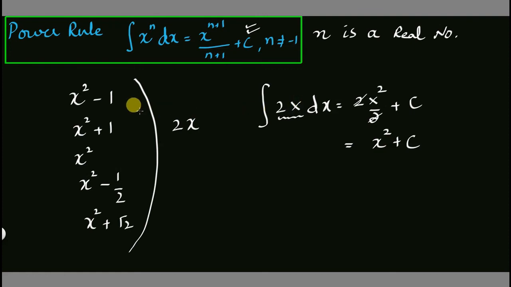We didn't explain before which function it is the derivative of, whether when we differentiate x square minus 1 we get this 2x, or for this particular function x square plus 1. Since we don't know what the constant is, that's why we have written c over here. So this is very important. This is a short explanation of why this c comes.